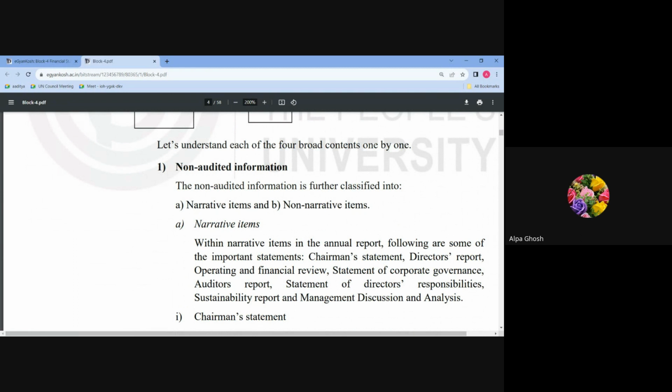Narrative items include the chairman's statement, the director's report, the corporate governance policy, the auditor's report in detail, then the directors' responsibilities. Nowadays it is very common to have the sustainability report and the management's discussion and analysis.